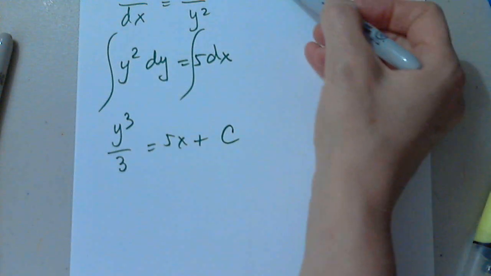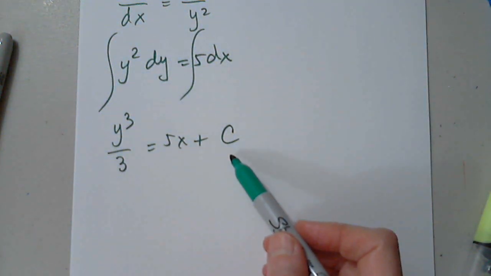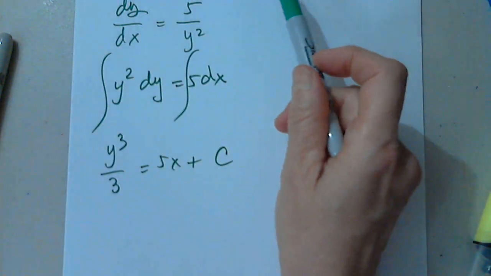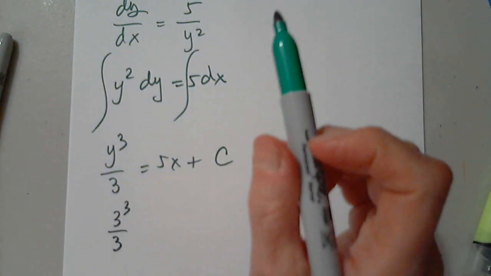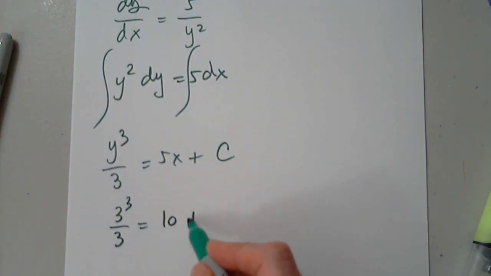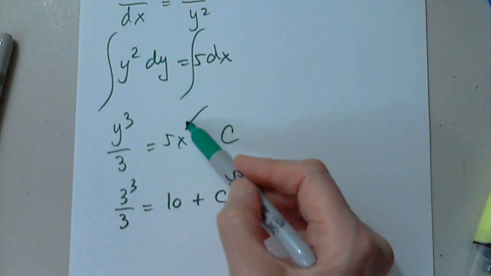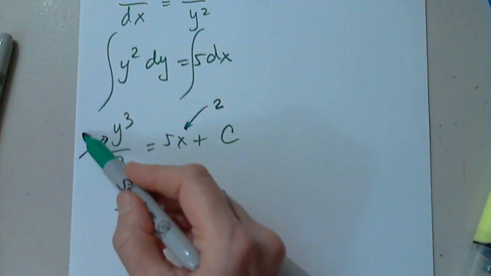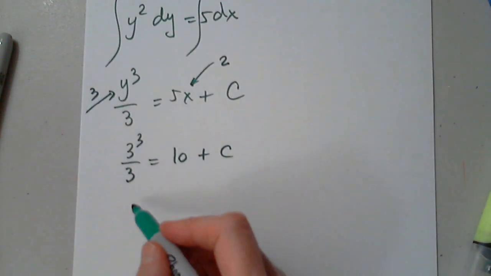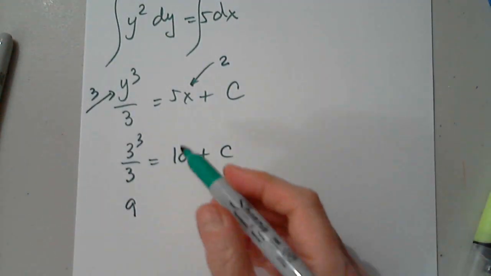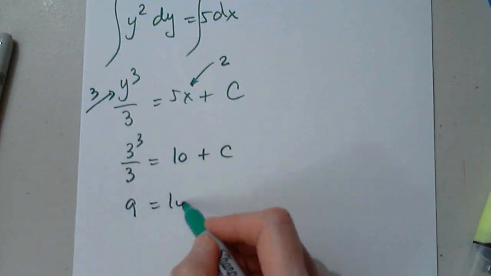Now I plug in my condition to find c. It says that when x is 2, y is 3. So 3 cubed over 3, 27 over 3, that's 9. 5 times 2 is 10, plus c.